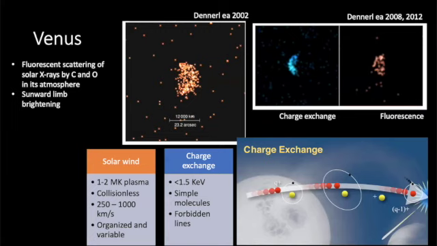Charge exchange emission is characterized by mostly forbidden lines, specifically of the oxygen VII and carbon V lines, and that's how Konrad Dennerl was able to separate the charge exchange emission from the fluorescence emission. So this is mostly oxygen VII emission at the forbidden line.